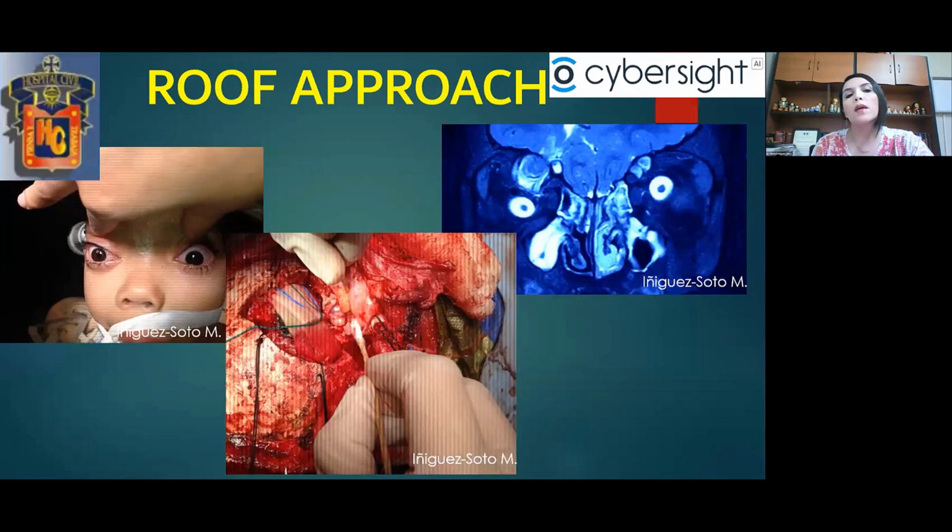Most of the time, we go together with neurosurgery, ear and throat doctors, dermatologists, because it's a very different approach that is not for ophthalmologists. So in this photograph, we have the craniotomy, and it's a very good way to arrive to the orbit.